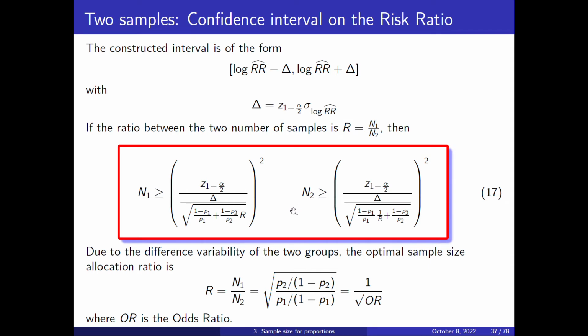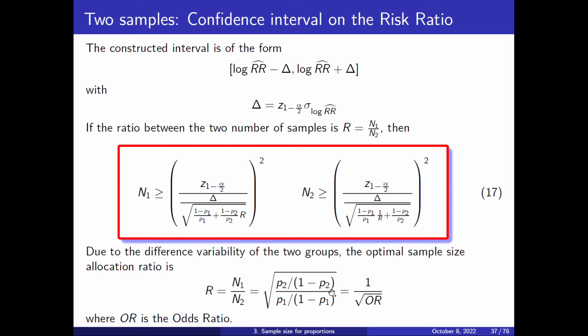Yeah, so this R was equal to this because we defined it in this way. But now that we know what N1 and N2 are, we can substitute. We can see that it takes this value, and this value is 1 over the square root of the odds ratio.